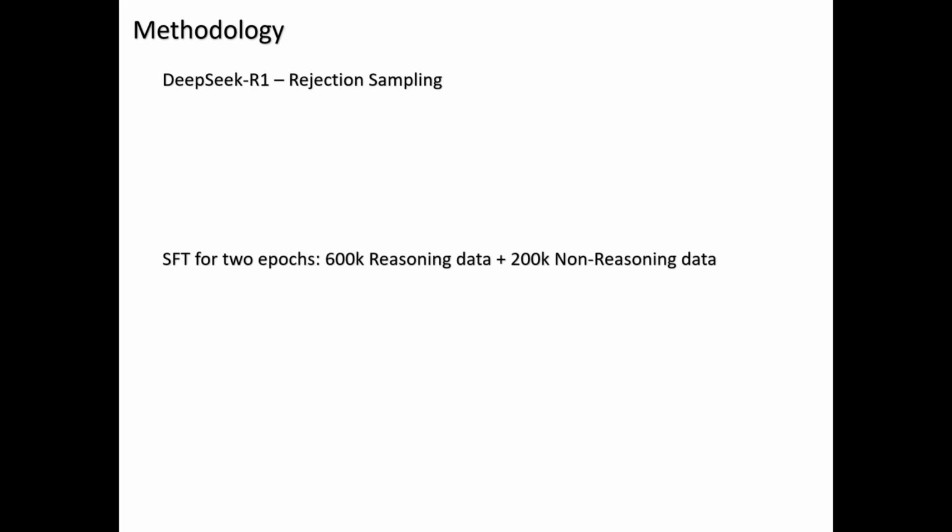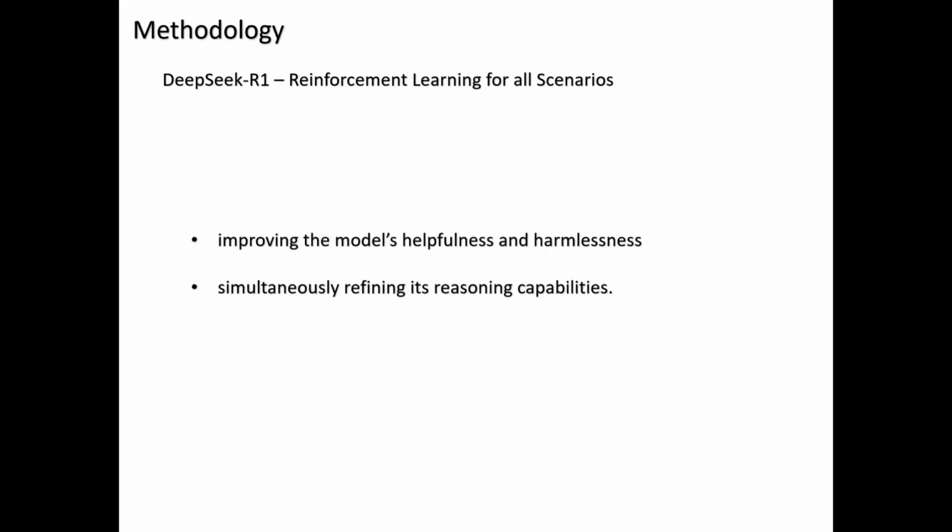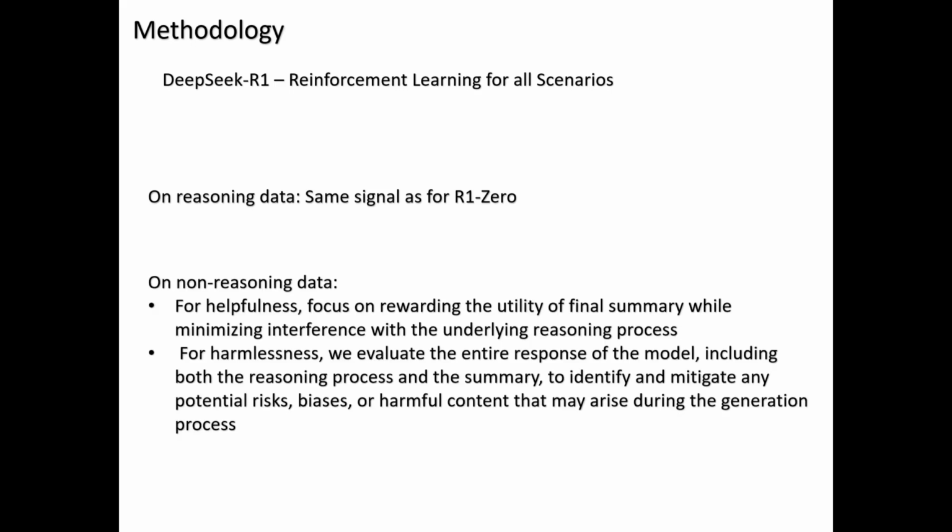And the final stage here is the reinforcement learning for all scenarios. They aim to improve the model's helpfulness and harmlessness while refining its reasoning capabilities. So for reasoning data, they use the same approach as R1-Zero, and for non-reasoning data, they focus on rewarding the utility of the final summary while minimizing the interference with the reasoning process to enhance helpfulness.